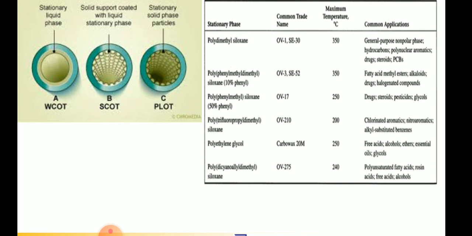You choose the stationary phase based upon the common application which you need to do. For example, take polyethylene glycol, the common trade name is Carbowax 20M, and the maximum temperature it can withstand is 250 degrees Celsius, and the common application here is the separation of free acids, alcohols, ethers, essential oils and glycols.